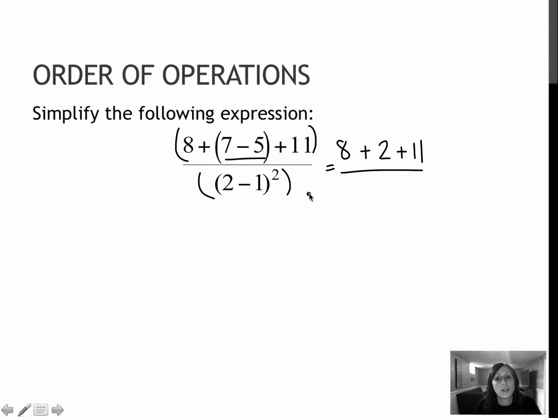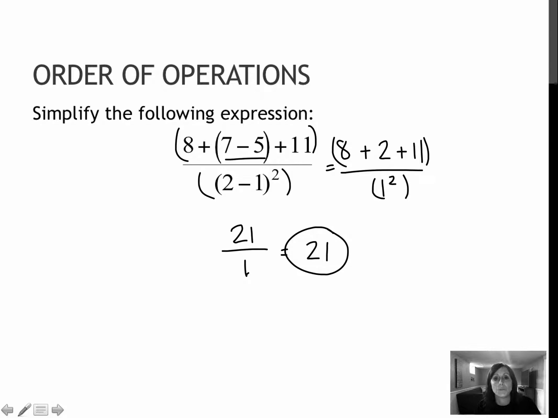And on the denominator, 2 minus 1 is 1. Notice I'm still going to evaluate all of that before I deal with the division. So on the numerator, 8 plus 2 plus 11 is 21. My denominator is 1 squared. 1 times 1 is 1. 21 divided by 1 is 21. And that is my solution.